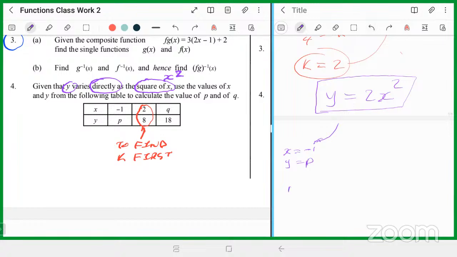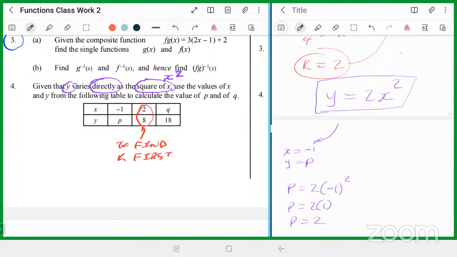So P, the subject, equals 2 times, and then this -1 is the X, so we put -1 squared. But -1 squared is a positive 1. So P equals 2 times positive 1. 2 times 1 is 2, so P equals 2. That's the first pair, so we now know that this value is a 2.